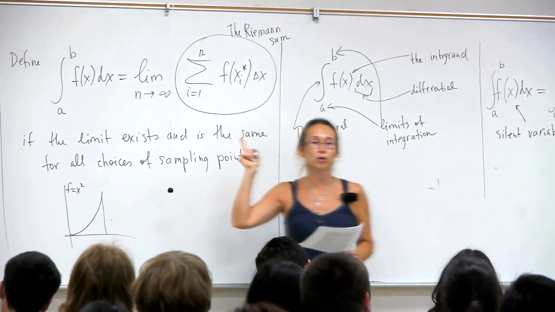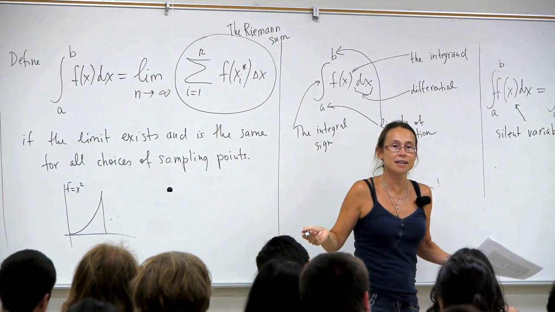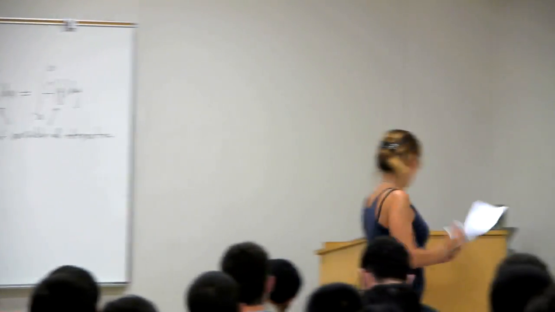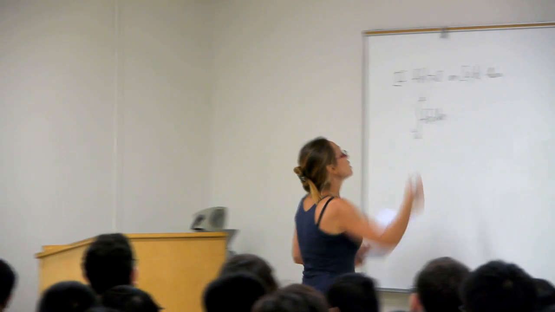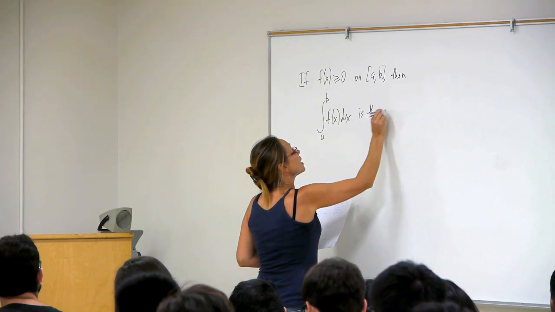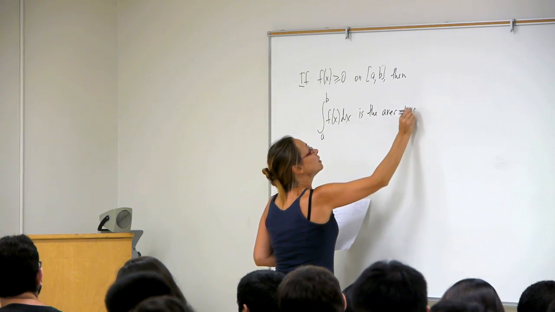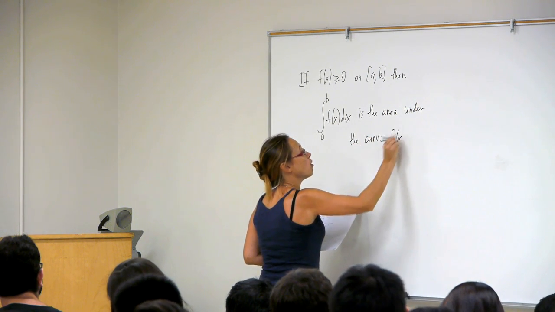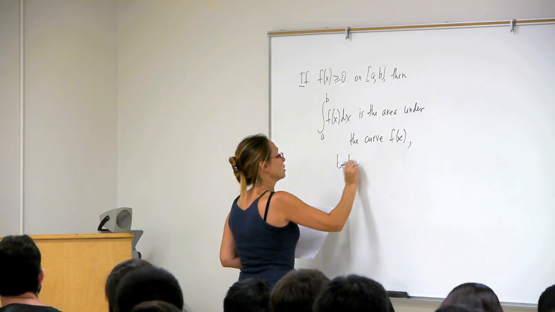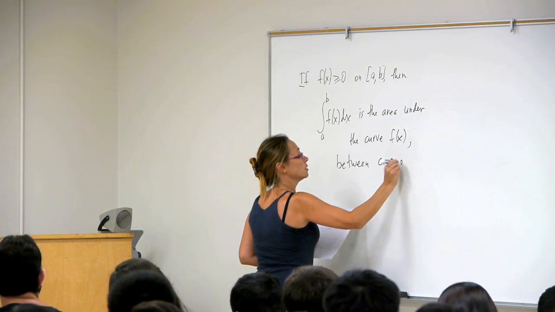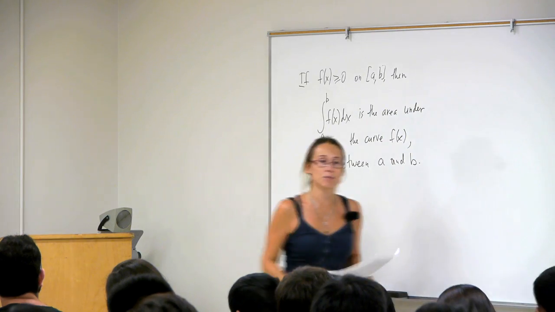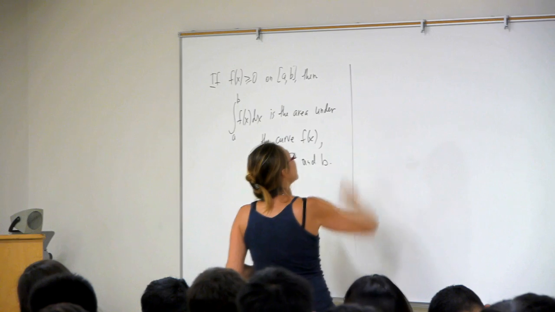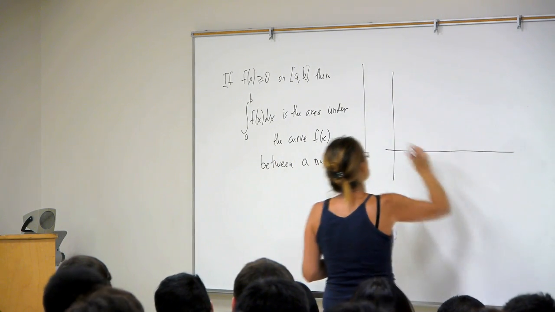We only did it for non-negative functions, and we said that's the area. Remember, we split it into a number of vertical rectangles and calculated the area. So this is the area under the curve f of x between a and b. So it has a very clear meaning for non-negative f. Now what happens if f changes sign?